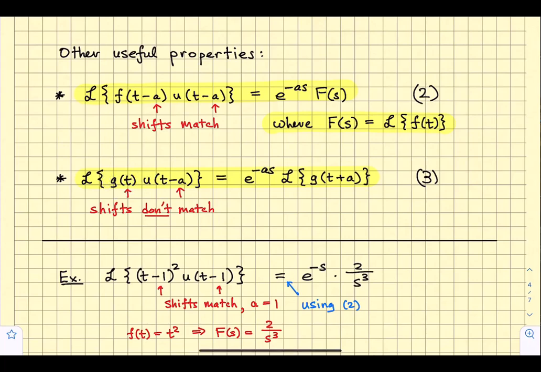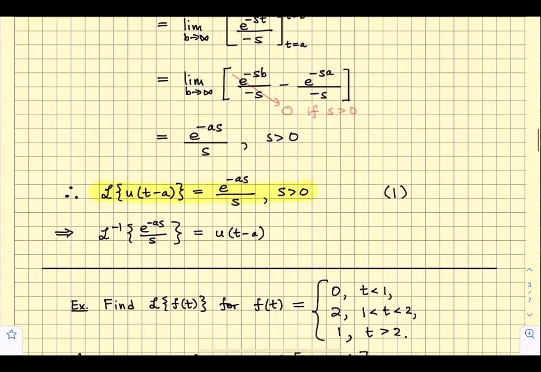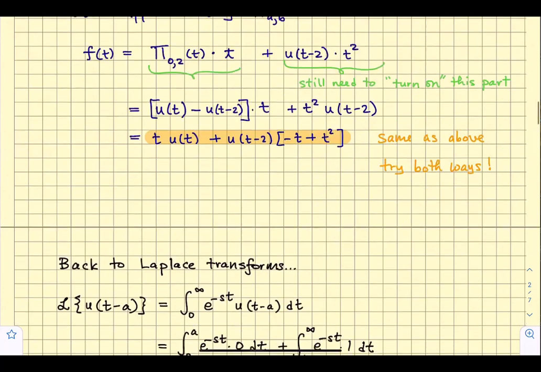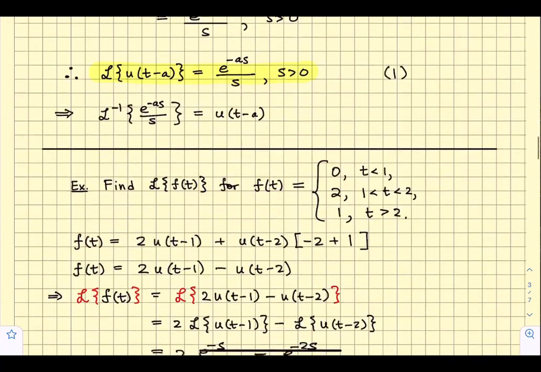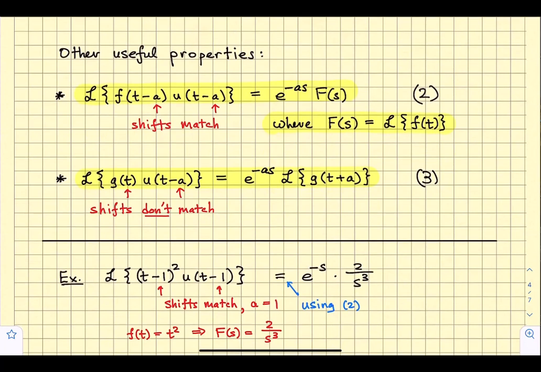That's a very common situation. We've already seen unit step functions multiplied by functions in our examples. I realize this one is a constant function, so it makes it a lot simpler. This is going to be a very useful property for knowing how to Laplace transform things of that type.